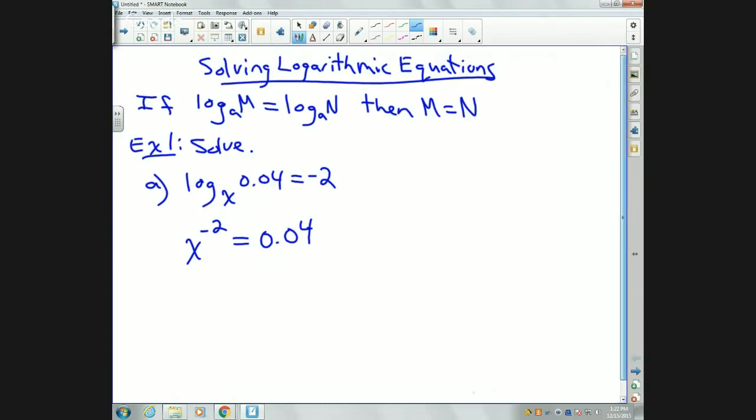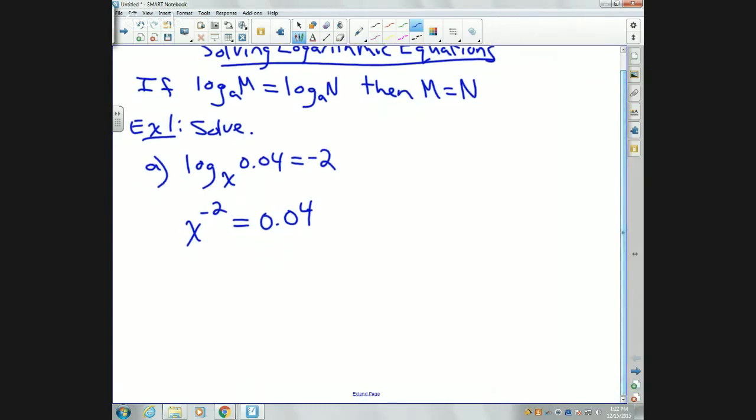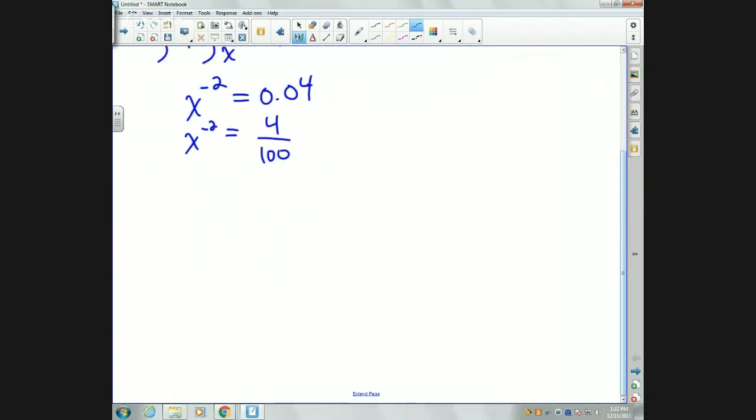And I'm going to do a little bit of work here without a calculator just because we can. This is the same as 4 over 100. Is that okay? 4 100ths? Everybody's sort of happy with that?